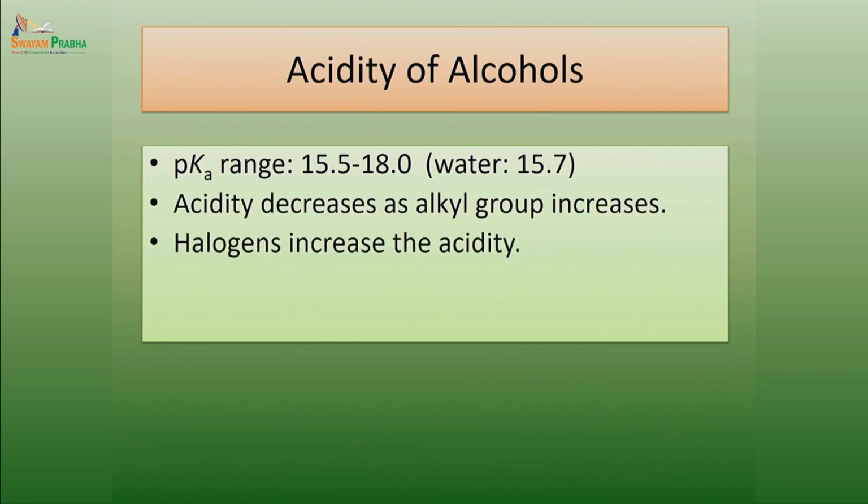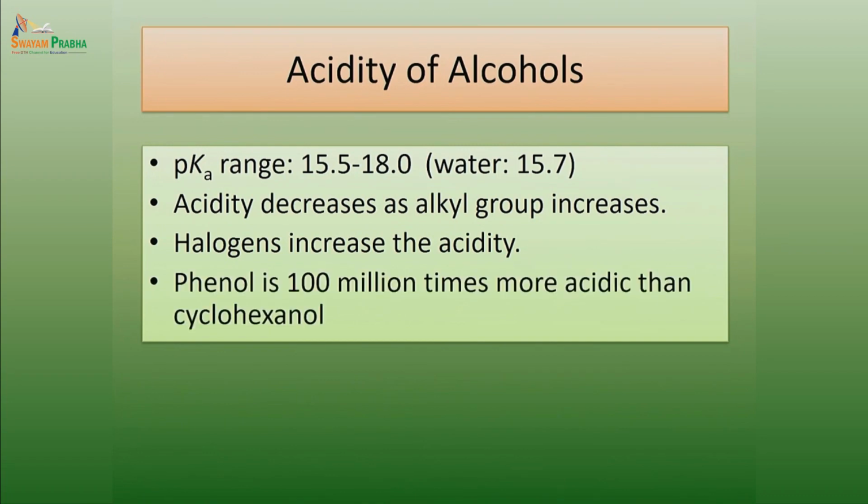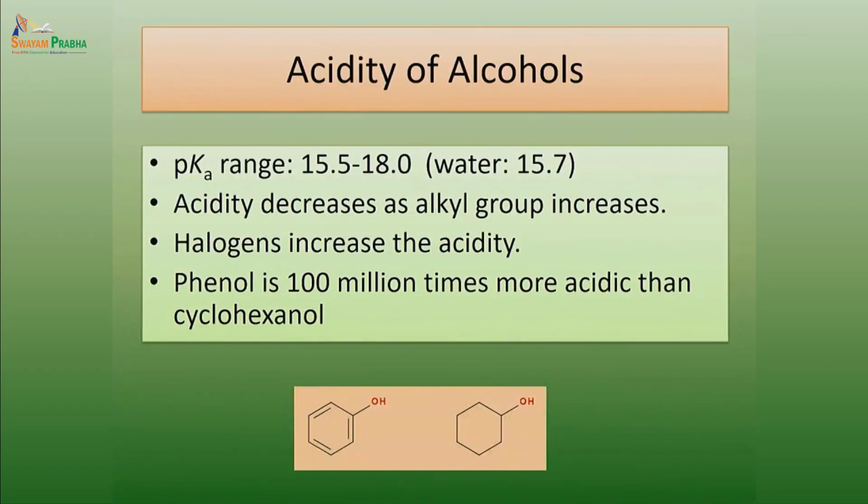The acidity decreases as the alkyl group size increases, and if any substituent is present, especially halogens, they increase the acidity. And if we look at the aromatic one, phenol is 100 million times more acidic than simple cyclohexanol. Here you will see cyclohexanol and phenol. The phenol is highly acidic compared to the cyclohexanol.